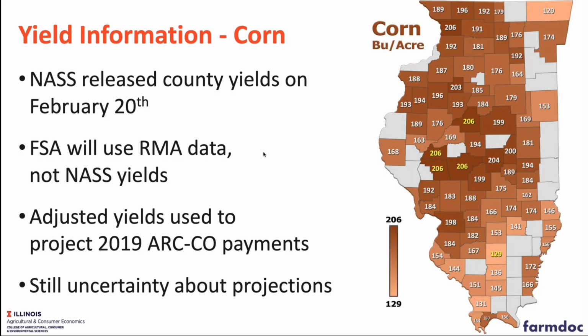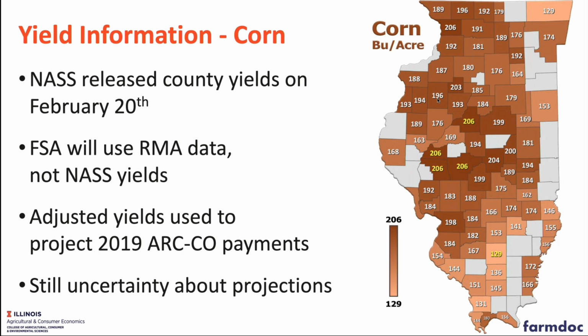All right. We also had yield information released from NASS on February 20th. You see those yields for corn over here. This is the NASS yield release. I suppose the more remarkable thing is the number of counties where we don't have yields. We have quite a few counties where we don't have yields, but for those counties that we have yields, you see those listed there.